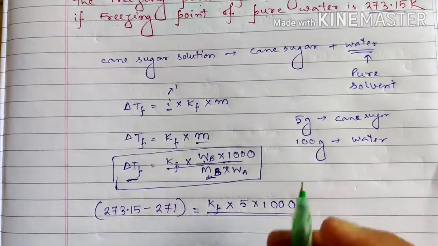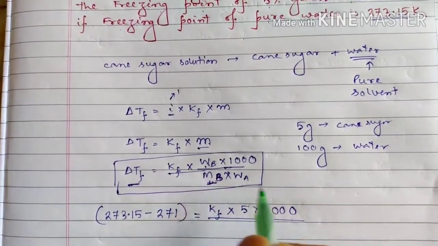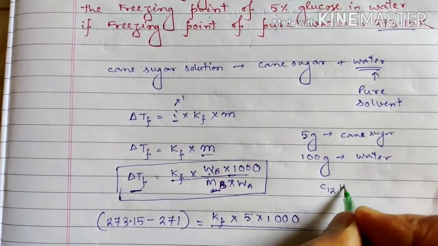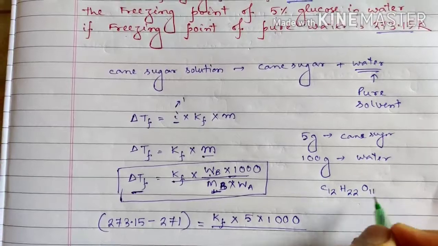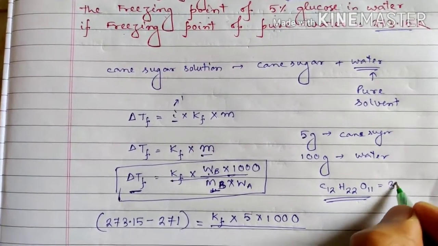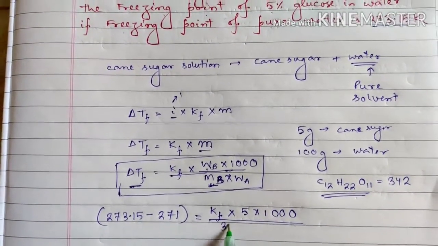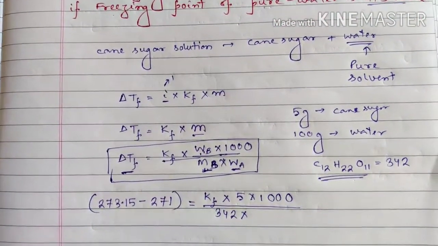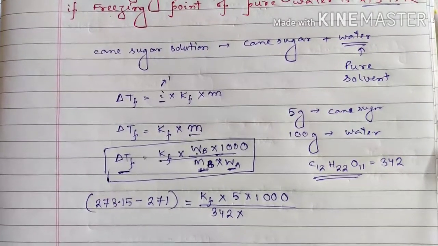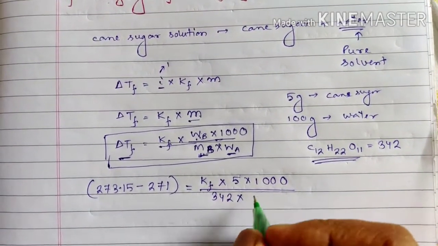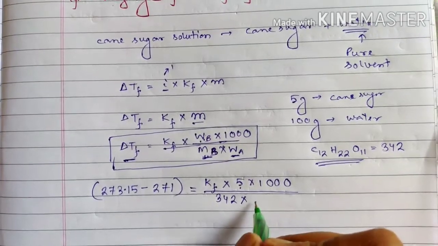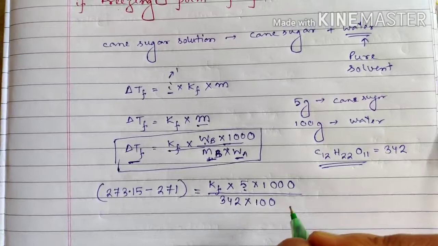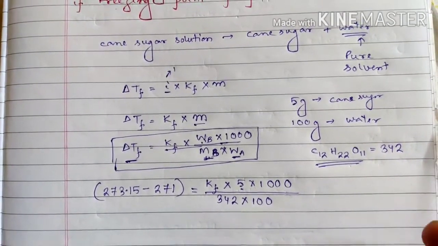Here, we are talking about cane sugar, that means C12H22O11. As we all know, it is 342 gram. So it is 342 into WA. WA means the amount of solvent which is already given. 5% solution, so 5 gram dissolved in 100 gram. So it is 100.